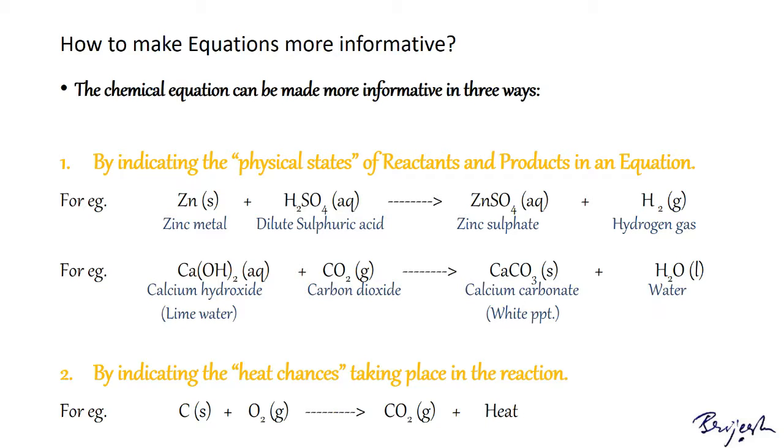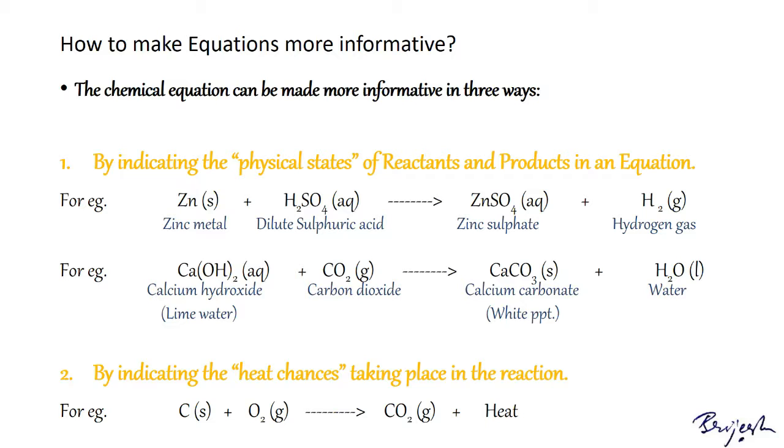This reaction can be represented by the following chemical equation with state symbols: Ca(OH)2 (aq), lime water, plus CO2 (g) gives CaCO3 (s), this is nothing but the precipitate, plus H2O.